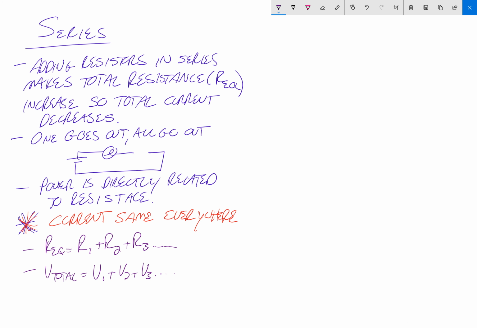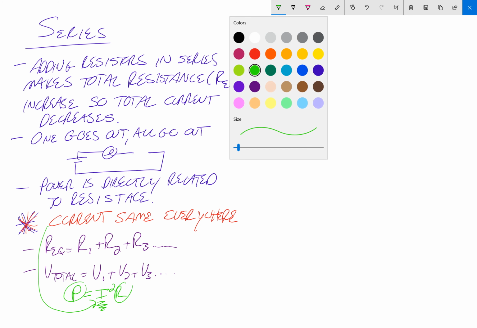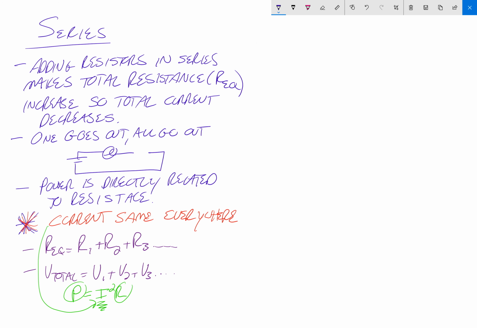The current is the same everywhere, and power is directly related to resistance. Just want to highlight this for you. I tend to use P equals I squared R. You don't have to, but if the current's the same everywhere, then you could see that power and resistance have a direct relationship. So I tend to use P equals I squared R for series, but that's not always the case. That's everything you should have seen with the resistors in series.